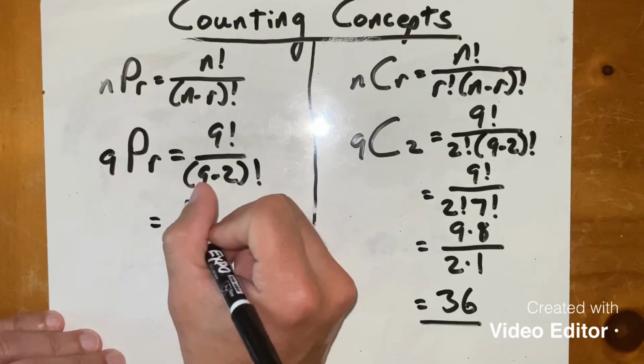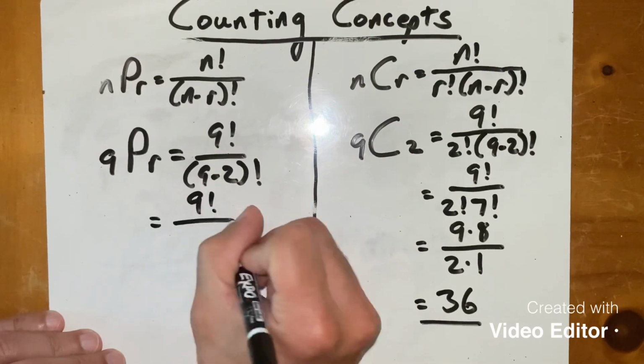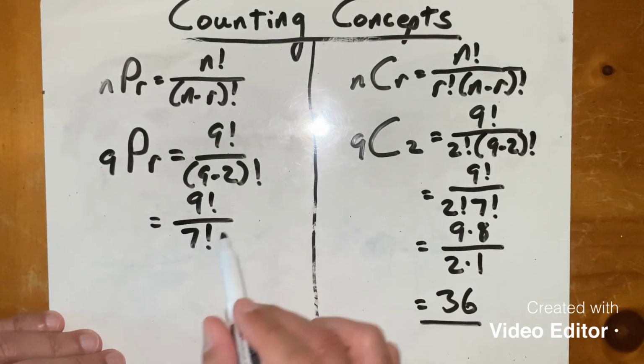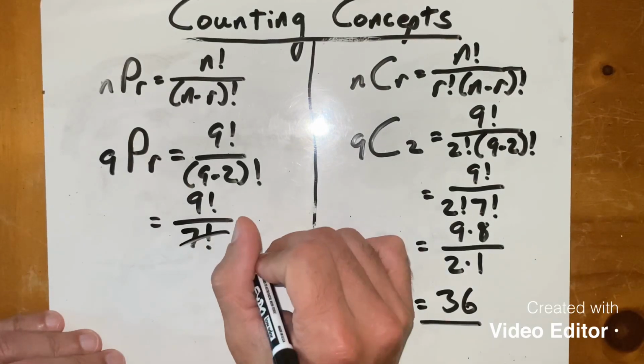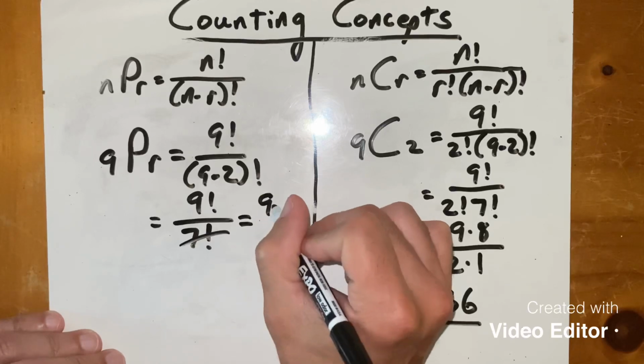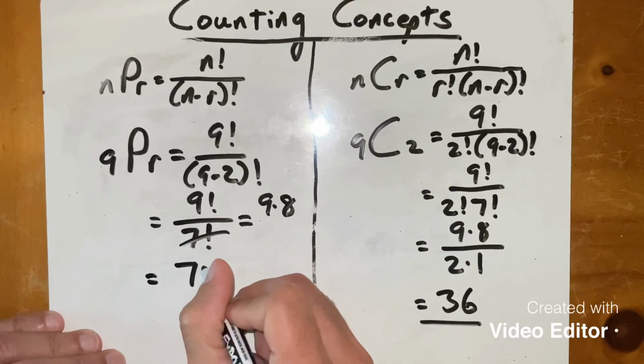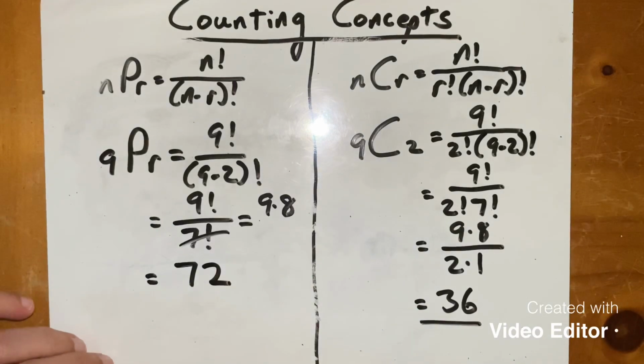That gives me 9 factorial over 7 factorial. Once again, 7 factorial is going to cancel out, and all I have left on top is 9 times 8, which is equal to 72.